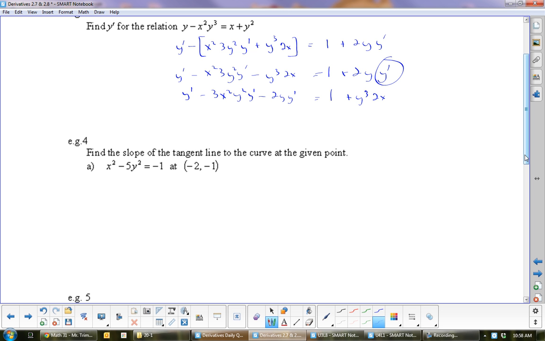Okay, so that one y prime that was hanging out there on the right, I want to get on the left with its buddies, and I got everything else. It doesn't have a y prime in it on the right.